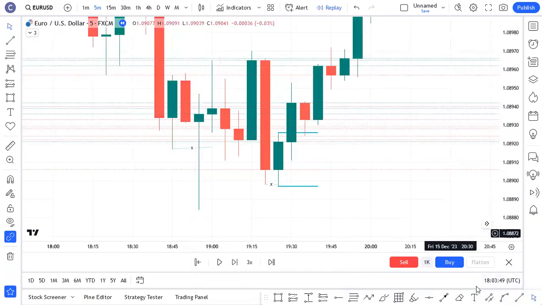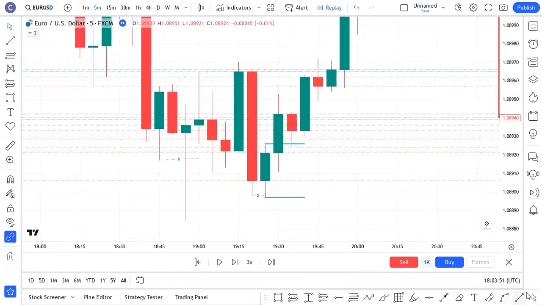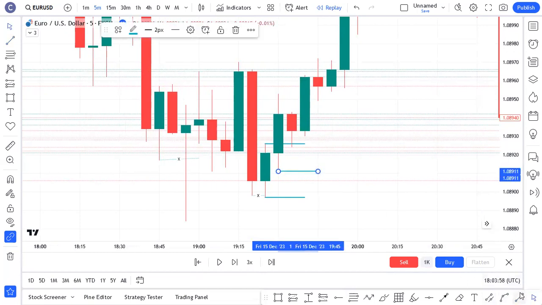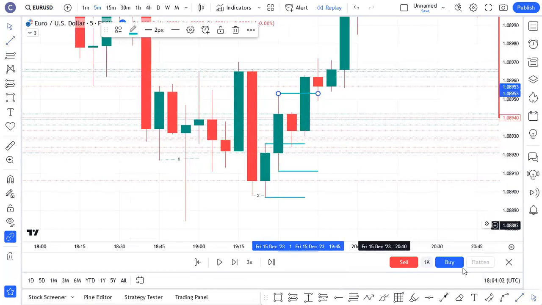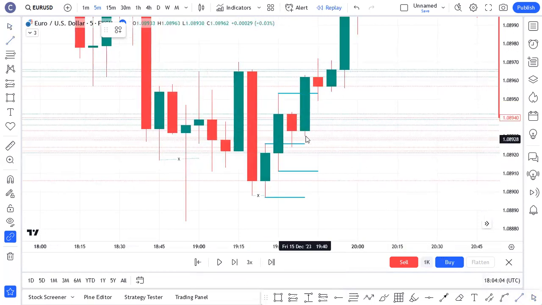Then where's the next candle? Because the imbalance is always on the second candle. This was the low of it. Then where's the high? The high is here. All right, the third candle, the low of the third candle is here, and the high is here.